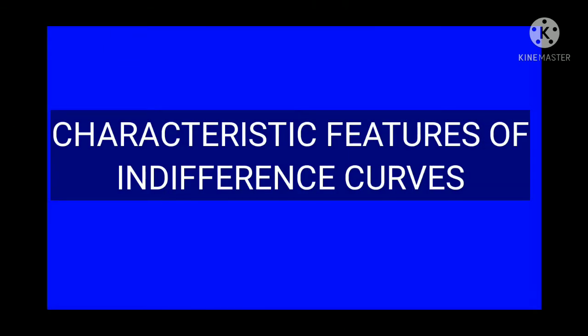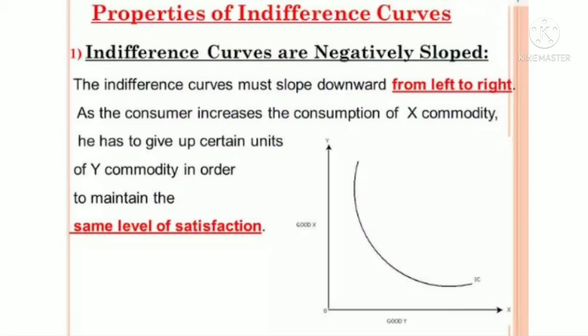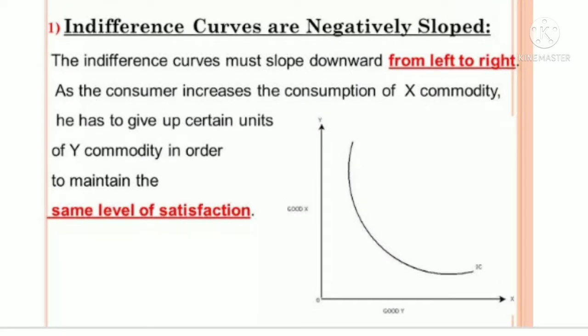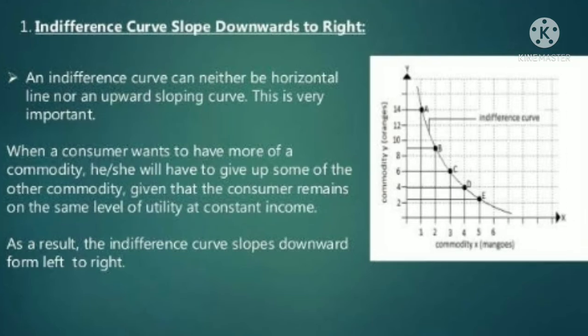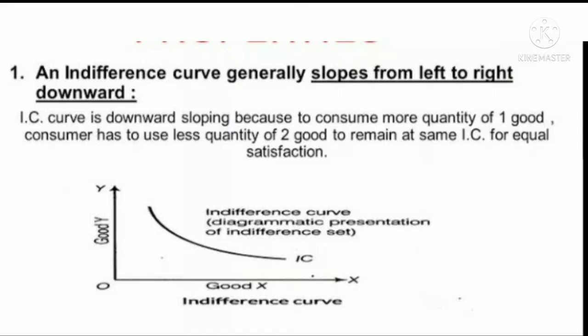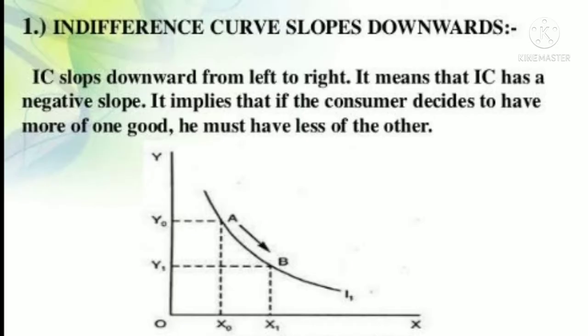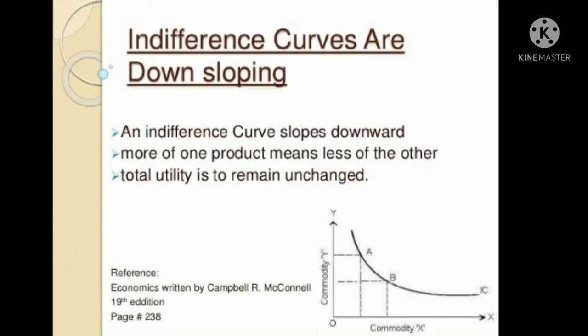Indifference curves have the following characteristic features. Indifference curves are downward sloping. In other words, the slope of the IC is negative. This is because as the consumer increases the consumption of one commodity, he will have to reduce the consumption of another commodity so as to remain at the same level of satisfaction.